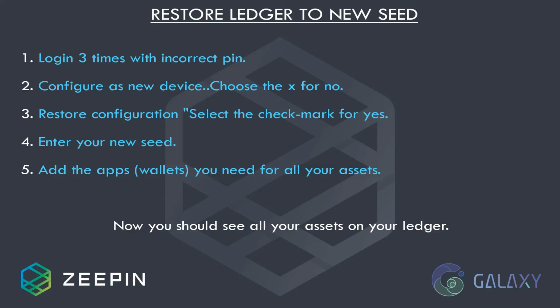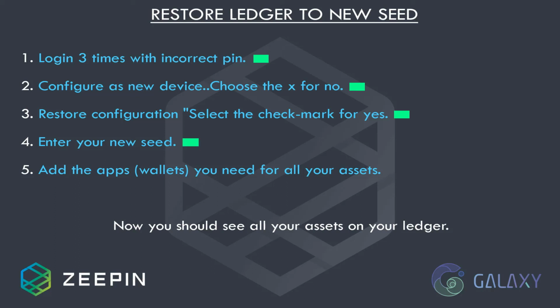Restoring to the new seed we created is simply the same as I explained in restoring to the original seed. So first, log into your ledger 3 times with the incorrect PIN. Follow the prompts, and when you get to Configure as New Device, choose the X for No. When you come to Restore Configuration, select the check mark for Yes.